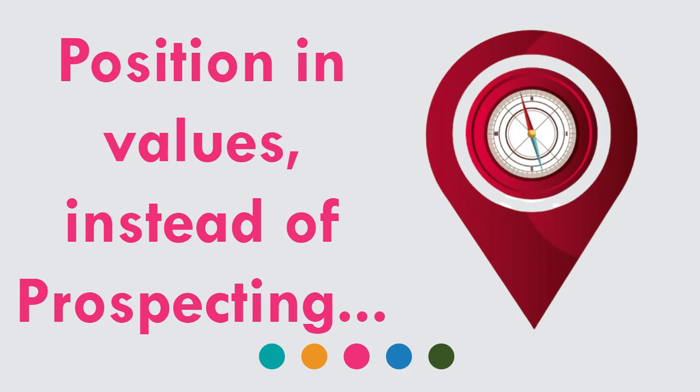Positioning yourself, you are able to project yourself as someone they need, not you going in search of people. Now, this is how it is. You are still prospecting, but in this particular aspect, you are prospecting in values. All right, this is where educational-based marketing becomes a thing in your sales processes.